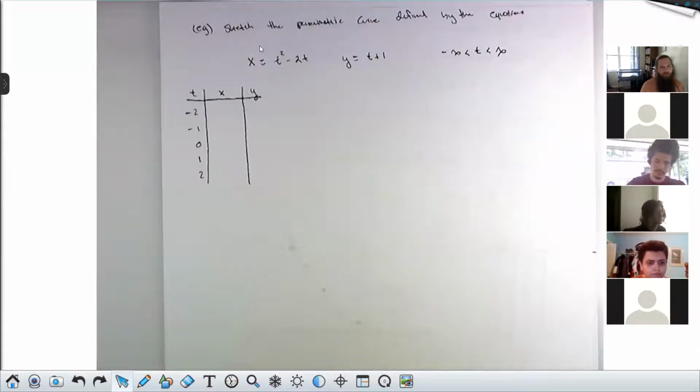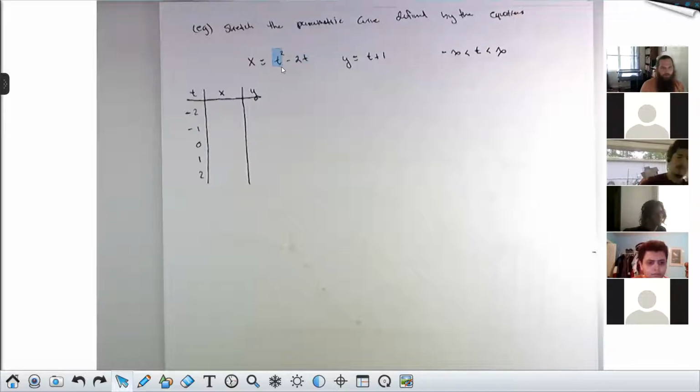When t is -2, what is x? Well, it's -2 squared minus 2 times -2. -2 squared is +4. And then from that, we subtract 2 times -2. 2 times -2 is -4.